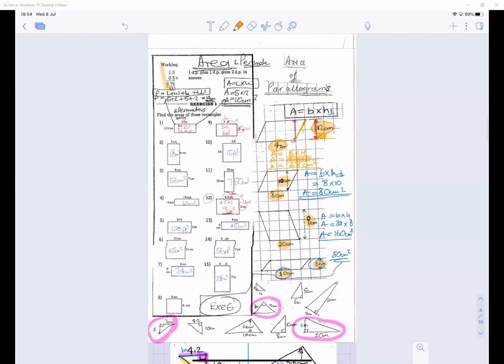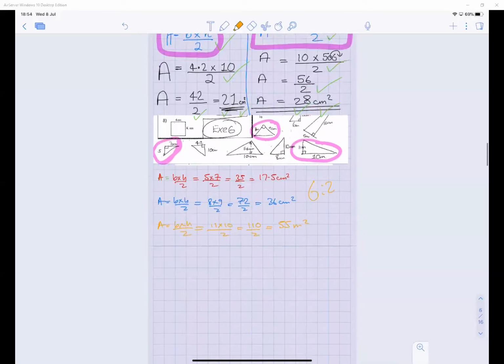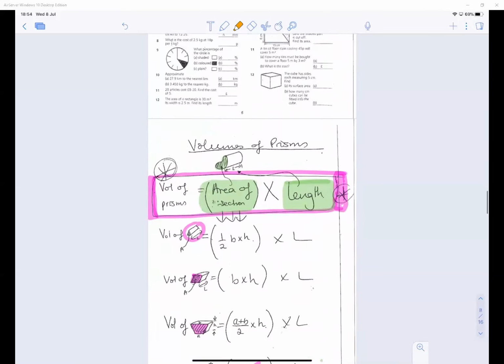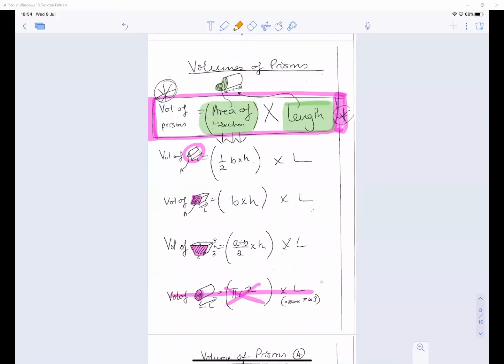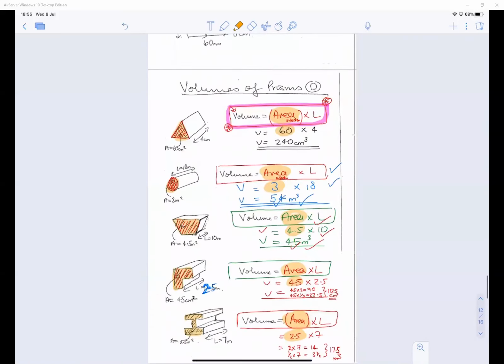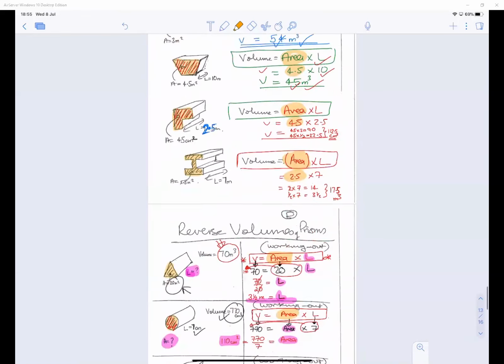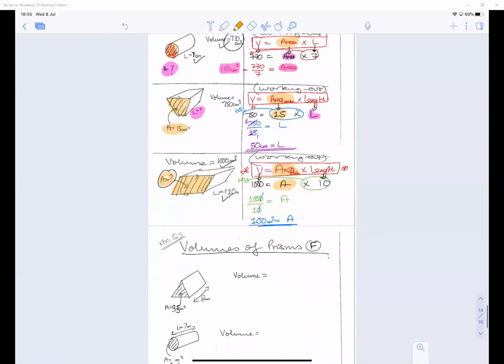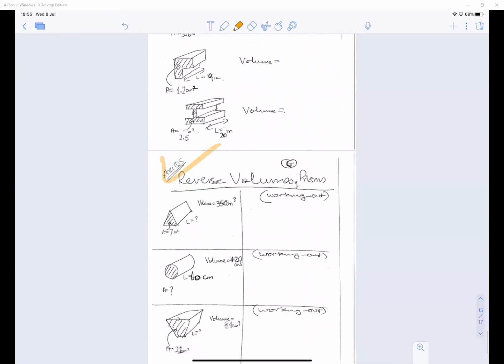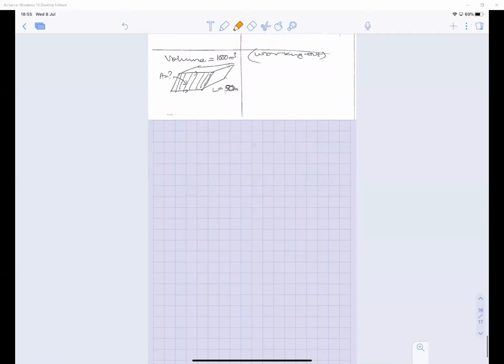You need to learn this formula. Then you need to do this page for homework, and this page, and this page, and this page. Okay, that's it.